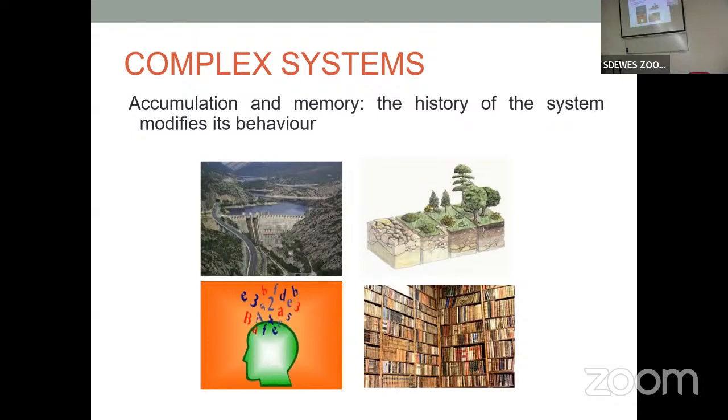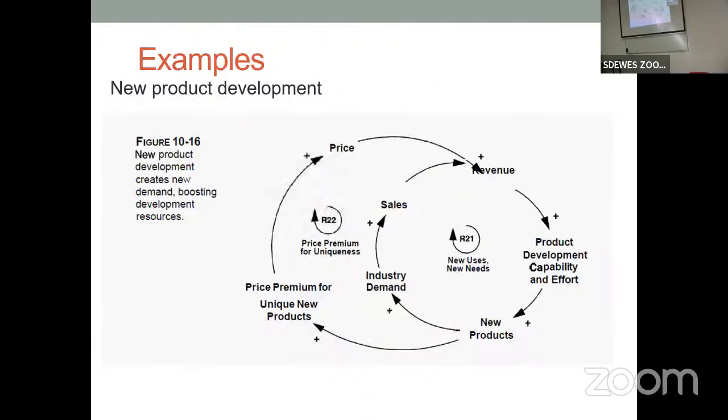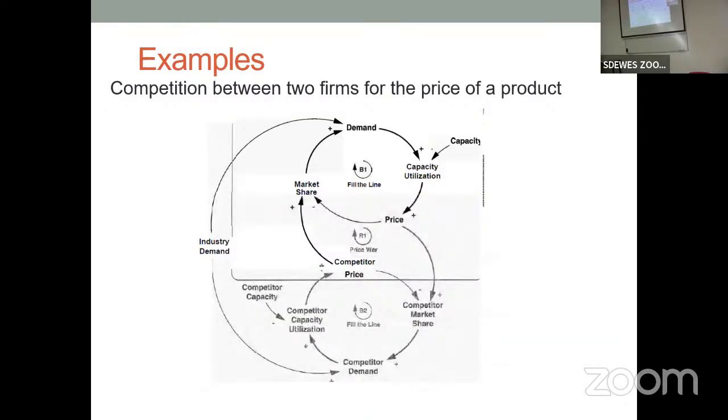In physical systems, this kind of memory may be the water that we have kept, or how the history of the soil has kept the properties of humidity, organic elements, and so on. Our own memory, we don't have the same behavior with a lot of knowledge as without knowledge, and so on. Well, I'm going to shift these examples.